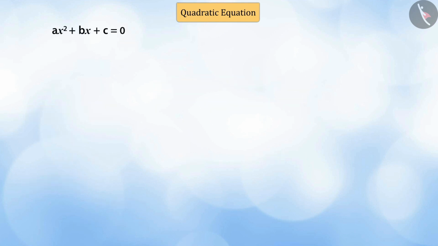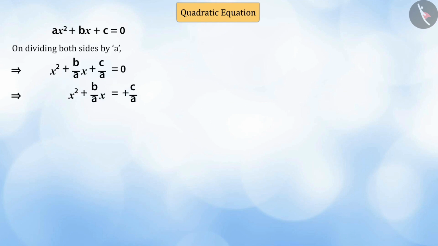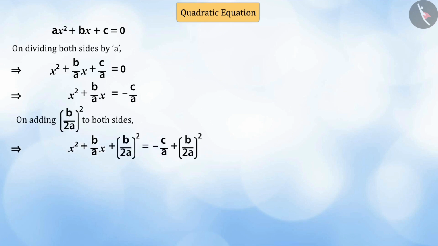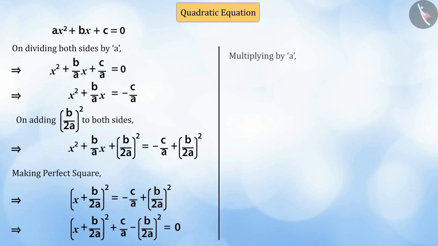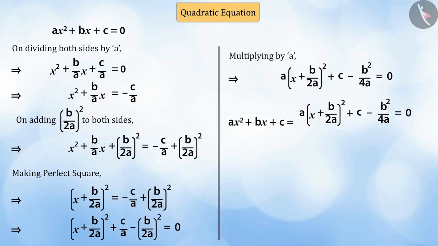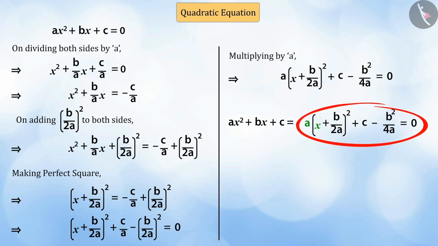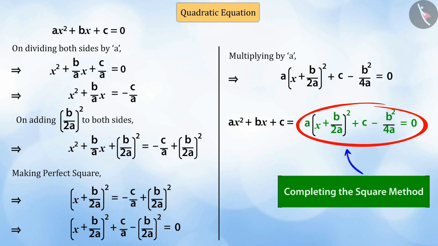In the same way, we can solve any quadratic equation by converting it into the form a multiplied by x plus b by 2a the whole square plus c minus b square by 4a equal to 0, by making the term minus b square by 4a a perfect square. This method is known as the completing the square method.